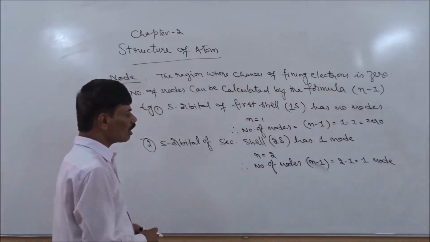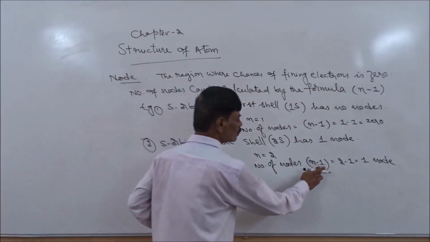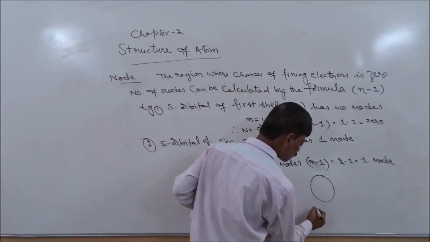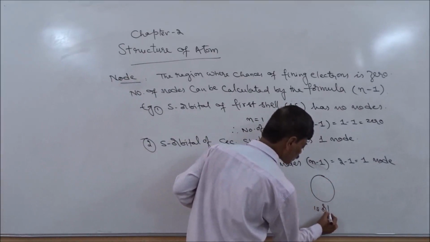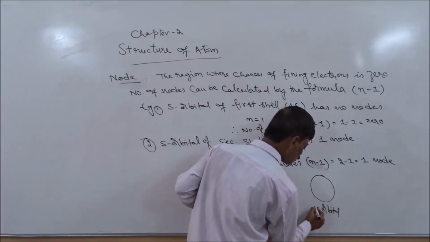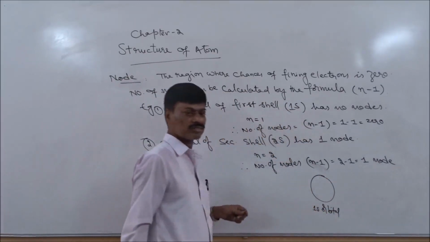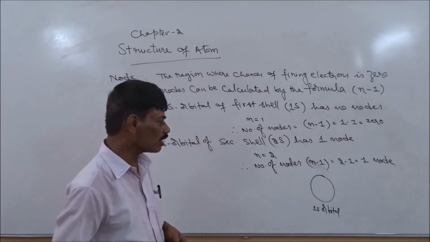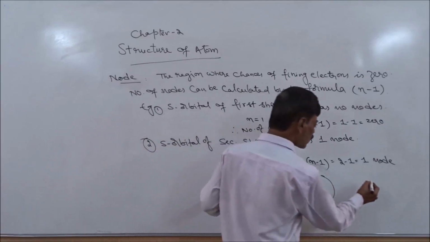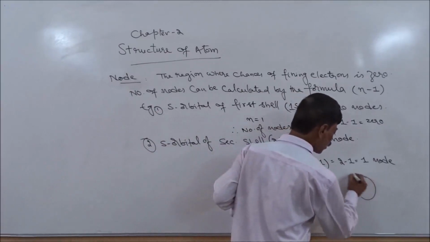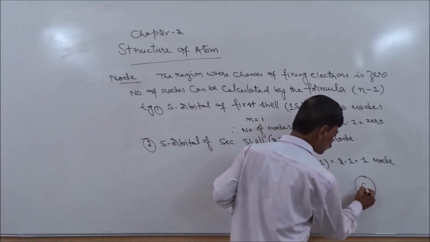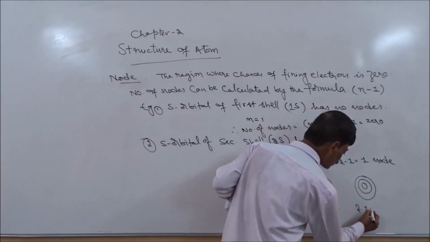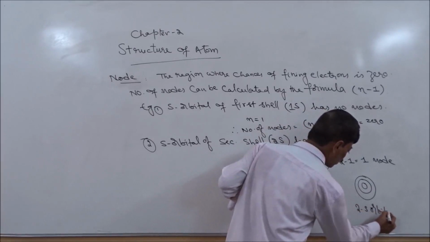Now let us see how this is diagrammatically shown. If you take 1s orbital, it looks like this. This is 1s orbital with 0 nodes, when there is no node or nodal surface or nodal region. If I move to second s orbital, this is 2s orbital.